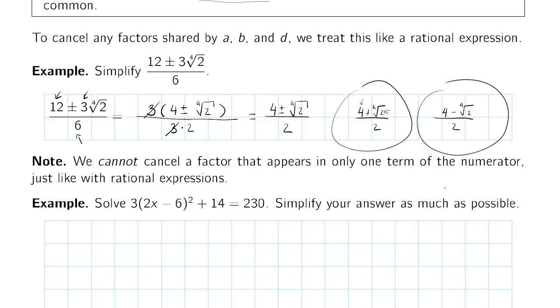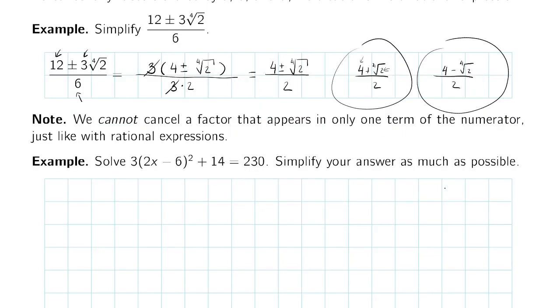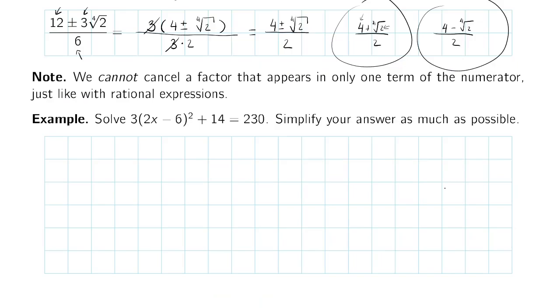Okay, let's see another example where we just do the whole thing. We're going to solve the equation, and then we're going to simplify. So we have 3 times (2x − 6)^2 plus 14 equals 230. So we want to first isolate our radical expression. We'll subtract 14 from both sides.